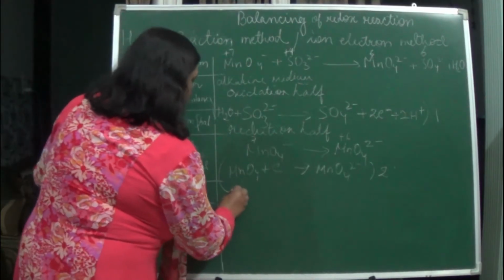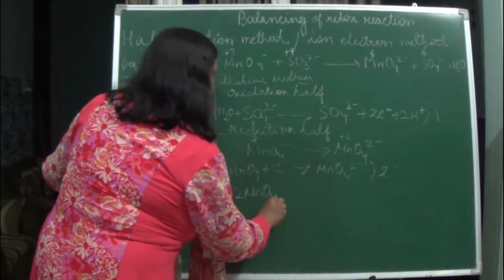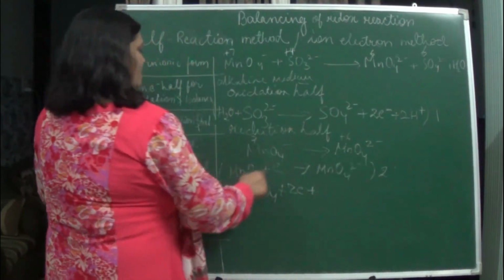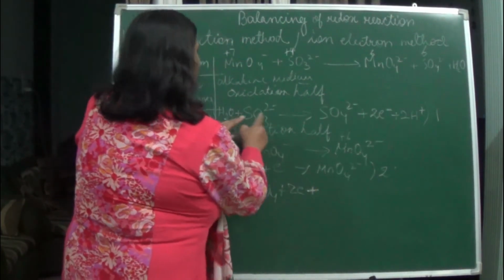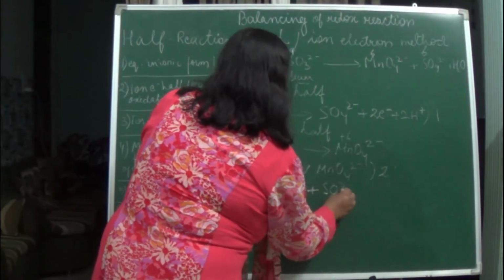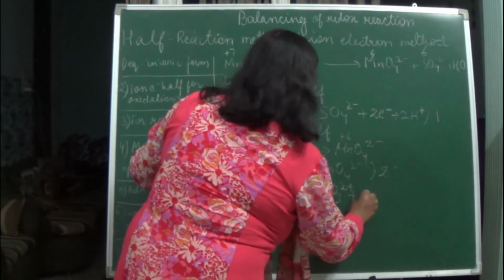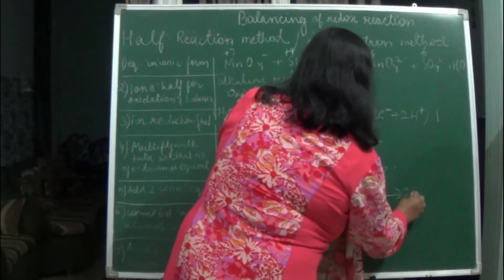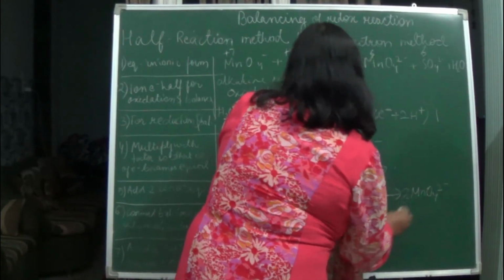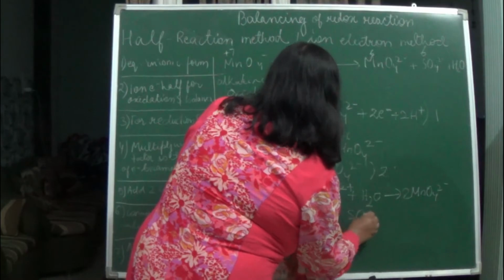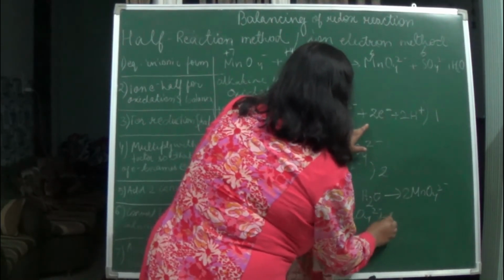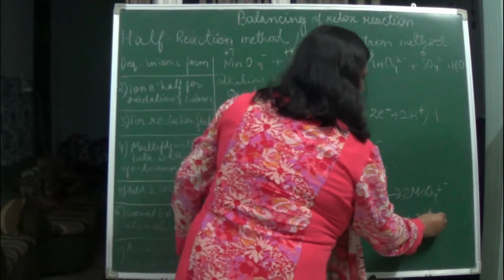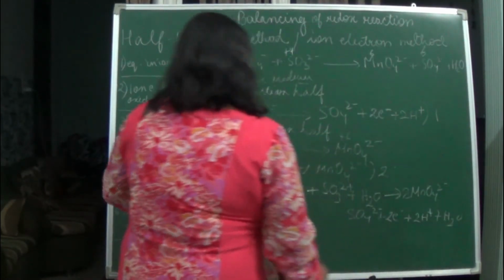We will be getting how much? 2MnO4 minus, okay, plus 2 electrons plus SO3 2 minus plus H2O will be getting what? 2MnO4 2 minus, okay, then SO4 2 minus plus 2 electrons plus 2 H plus ions, and yes, in the reaction sides we have H2O also over there, okay, you will be copying that also, okay.